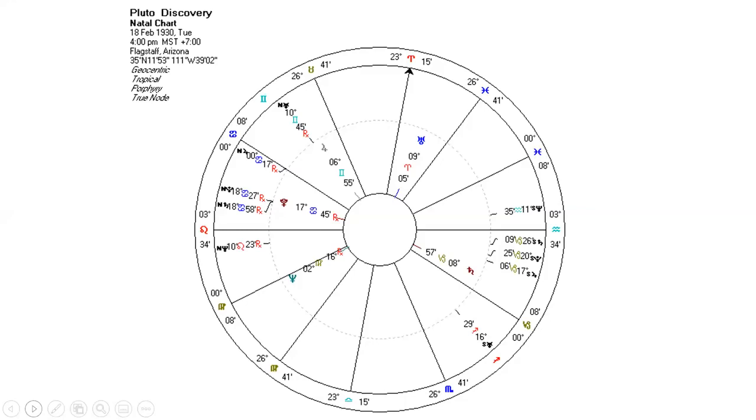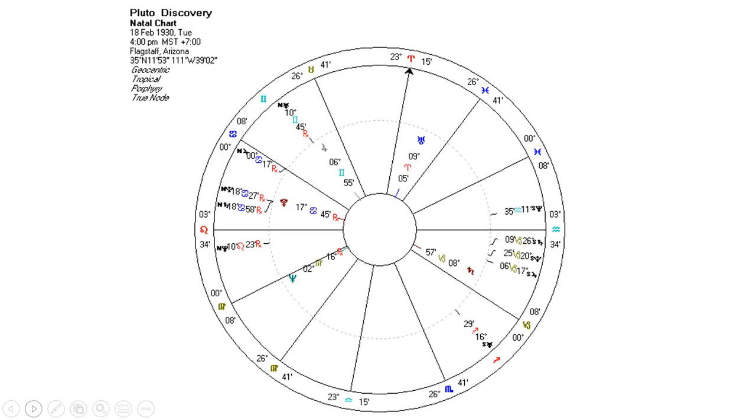And again, the fact that Pluto was discovered near its own south node was because being along the ecliptic, the sun's path, shone more light in that region, and so Pluto was able to be discovered. You see Pluto's discovery at 17 degrees Cancer and retrograde in the chart here.